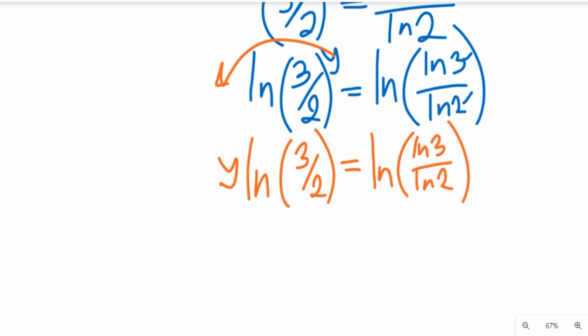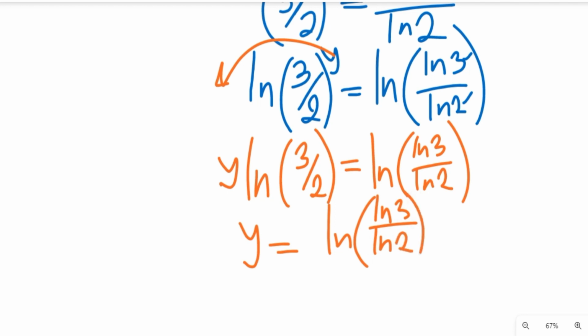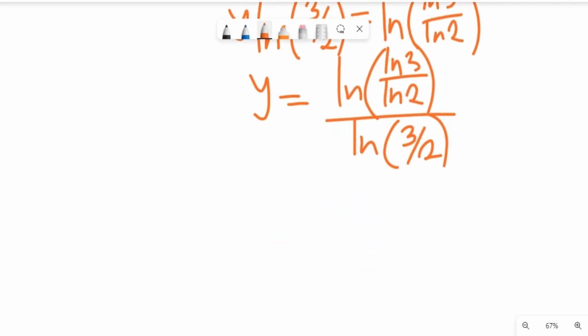So we can divide both sides by the natural log of 3 over 2. If we do that, our y will now be equal to the natural log of 3 divided by the natural log of 2, all divided by the natural log of 3 divided by 2. So that's exactly what our solution will give us.